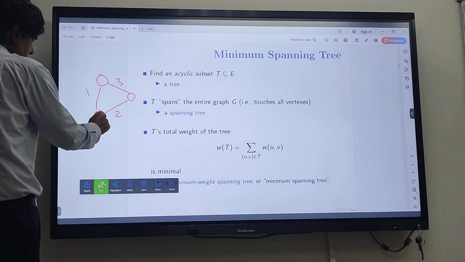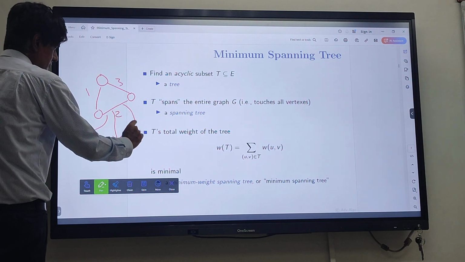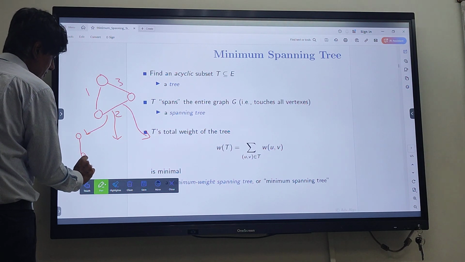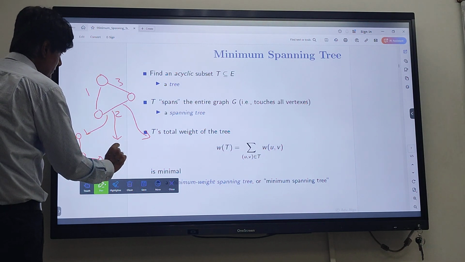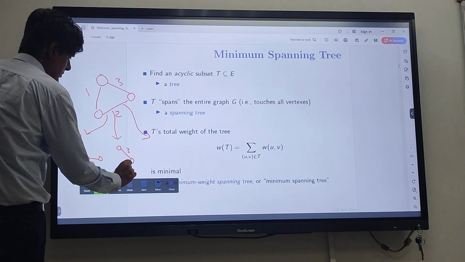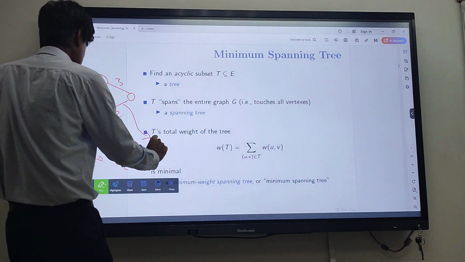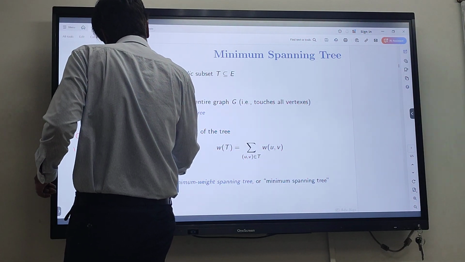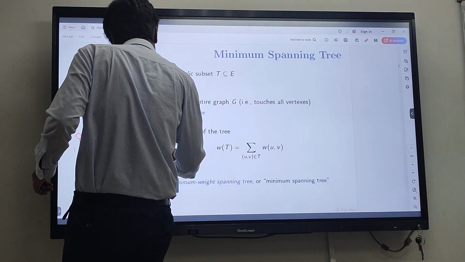I think three. Yes, sir. One is something like this, the other is something like this, and the other is one more. I think three, if I'm not mistaken. Yes, sir.